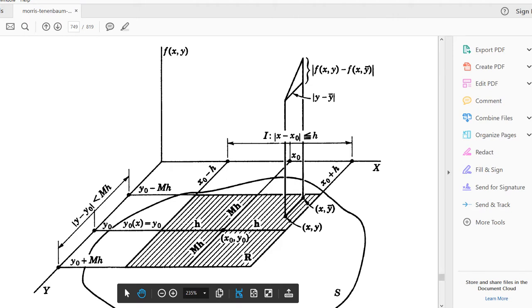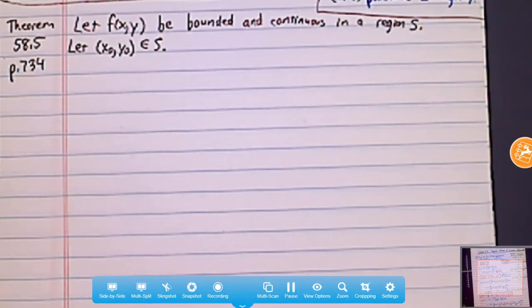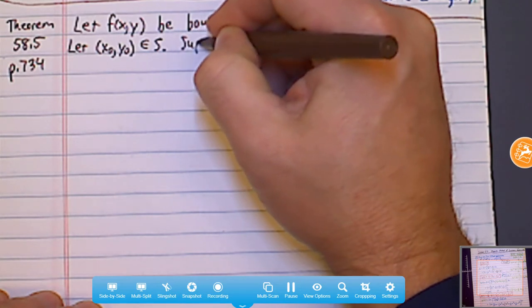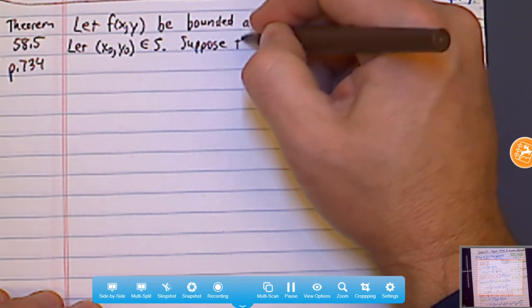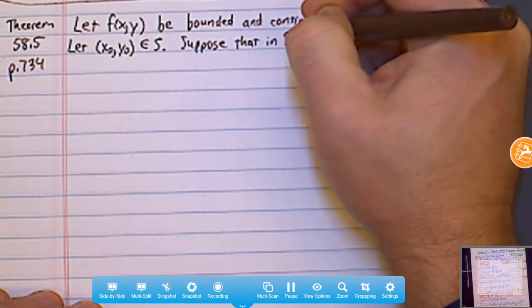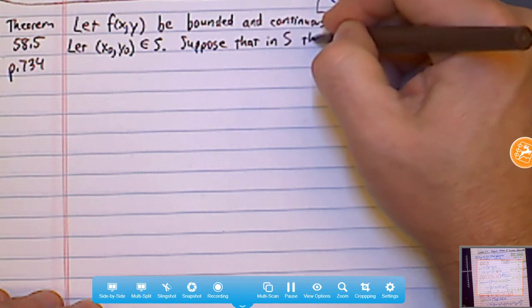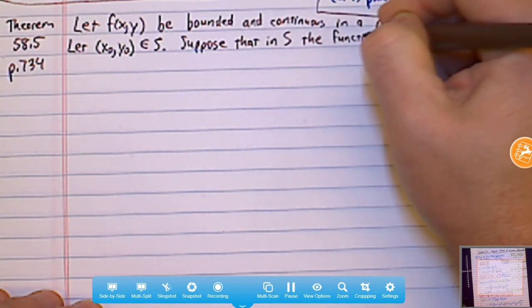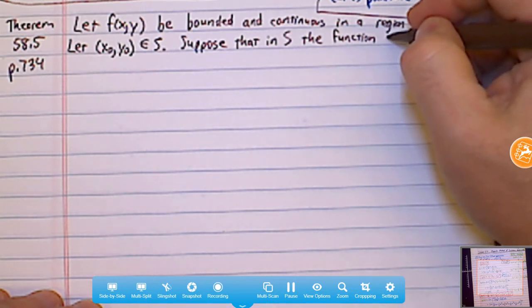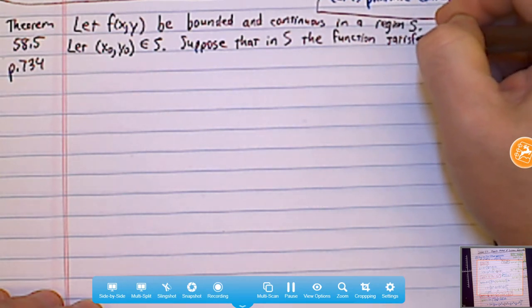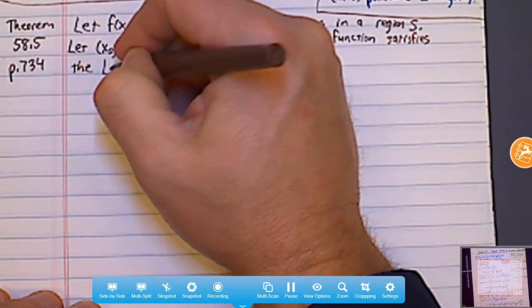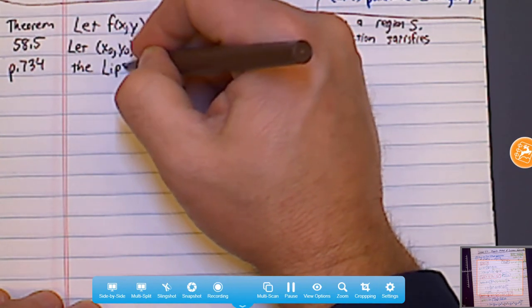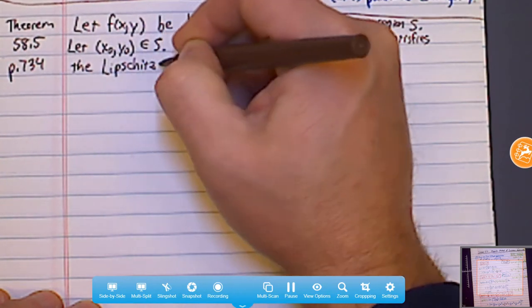Okay. So we're going to do this. Oh, next. Suppose that in S, the function satisfies what is called the Lipschitz condition. That's one word, guys. Lipschitz condition, let's say.